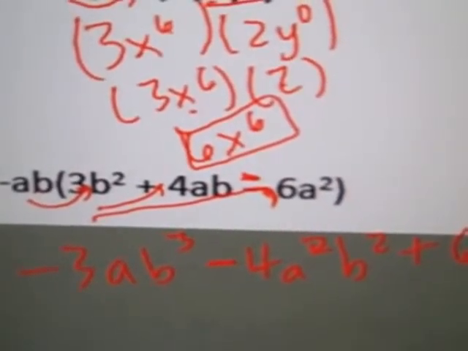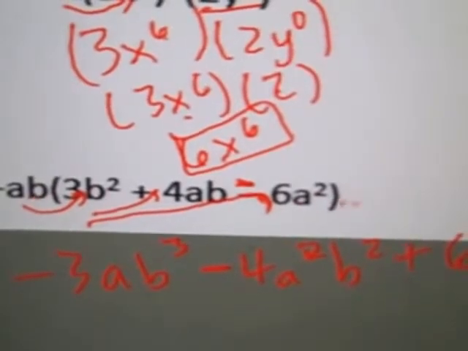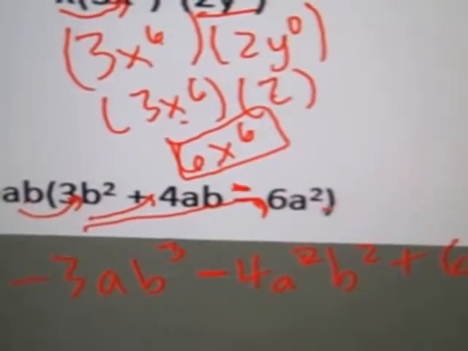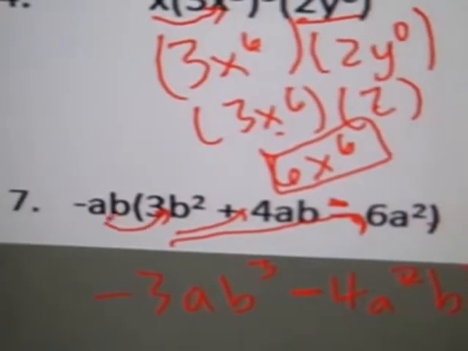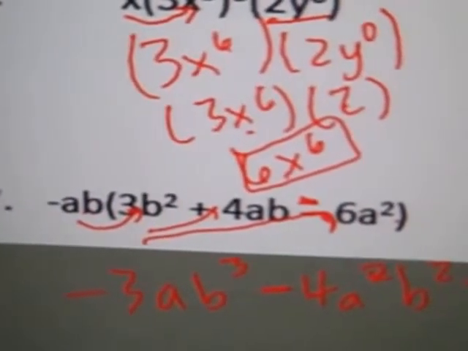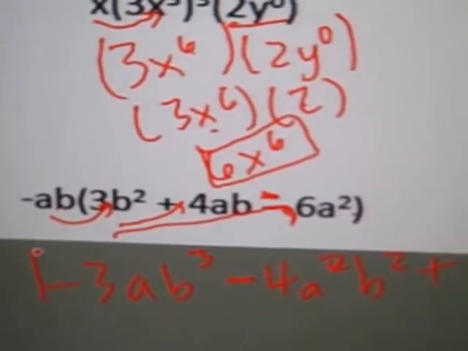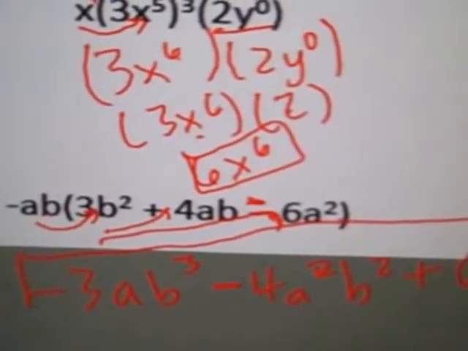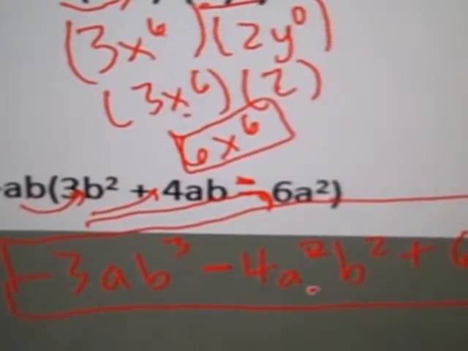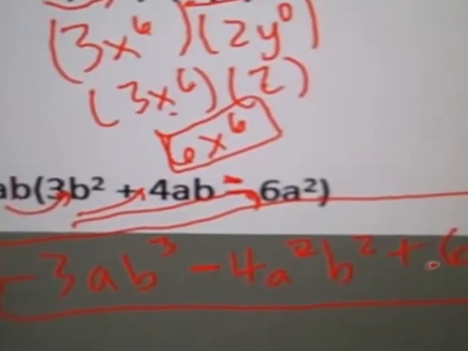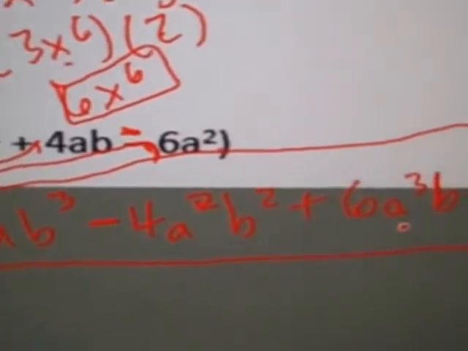I add the exponents. And now the b, there's no b here. I just keep that first b from this part and leave it. Final answer, negative 3ab cubed minus 4a squared b squared plus 6a cubed b.